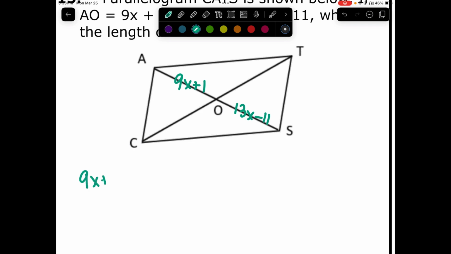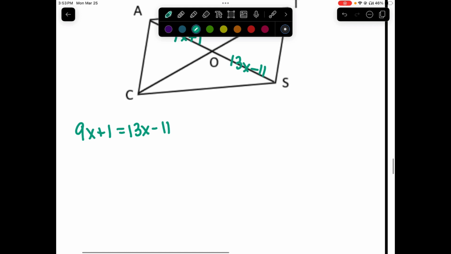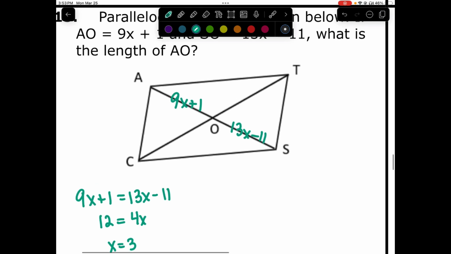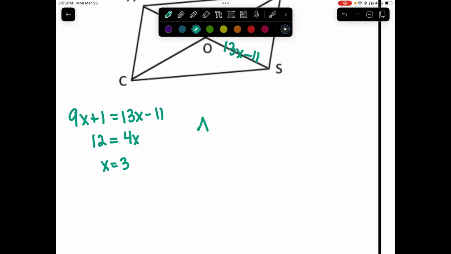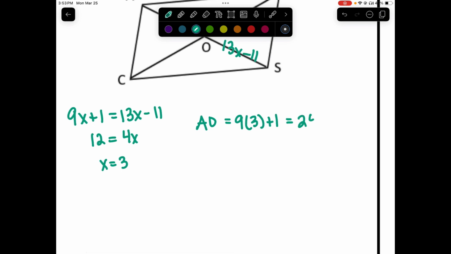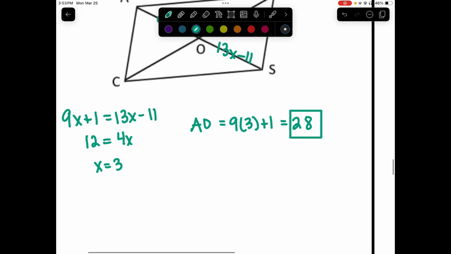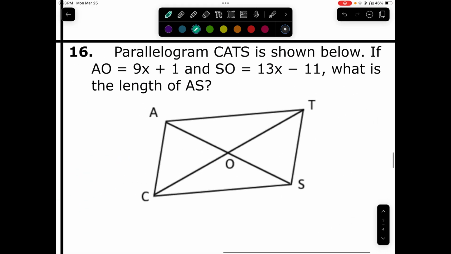So 9x plus 1 equals 13x minus 11. And then you're going to solve for x. And we get 3. And I think, yeah, we got to plug it back in for AO. And we get 28. And that's it. Let's go ahead and try number 16.